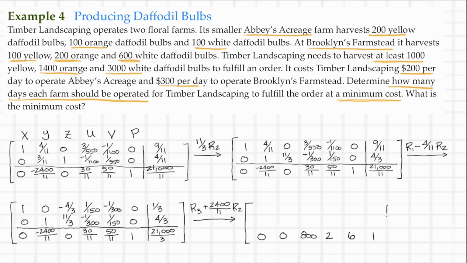Bring down our vertical line. And 4 thirds times 2400 elevenths is 3200 elevenths, and 21,000 thirds plus 3200 elevenths is 2200. Could finally close off our bracket and of course fill in the rest.